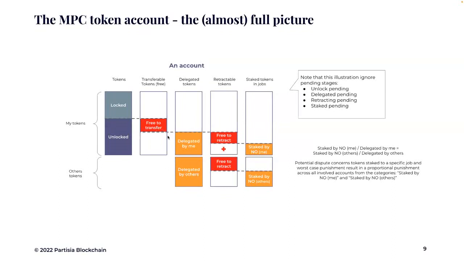that this difference is the free to transfer. All right, this is an almost complete picture of what happens with your token account, although it does not include all of these pending states, like pending unlock. So you could have tokens that are unlocked, but they are pending, so you have to click on that button that unlocks the tokens.